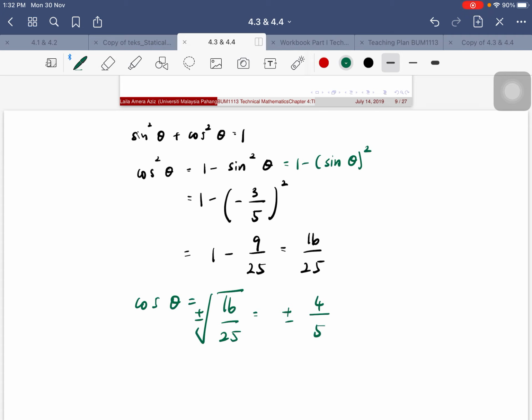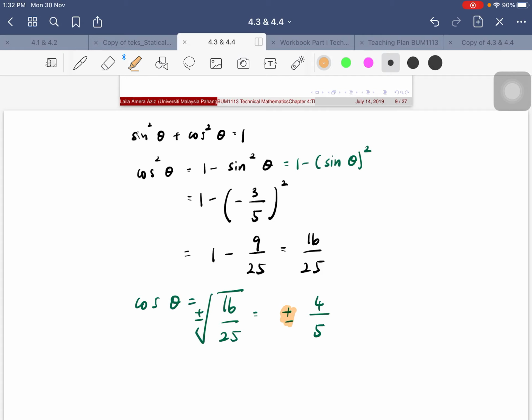That is going to be our cos theta, because positive 4/5 squared gives 16/25, and even negative 4/5 squared is still 16/25. So both of these values give us cos square theta, which is 16/25.